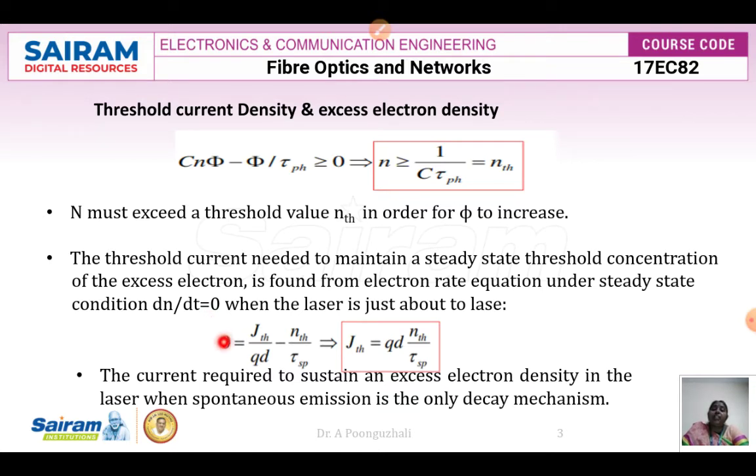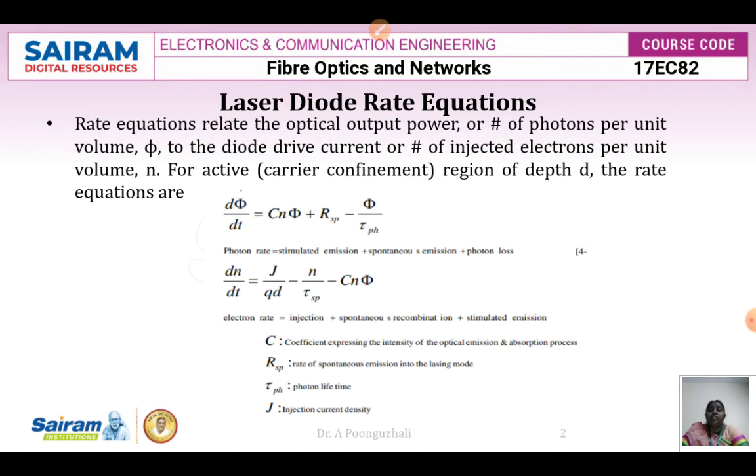So I can write the expression as 0 is equivalent to the spontaneous emission, but the optical loss is reduced. Here Cn phi, we are not going to have any photon emission, we are going to have only the injection of the charge carriers and the spontaneous recombination.